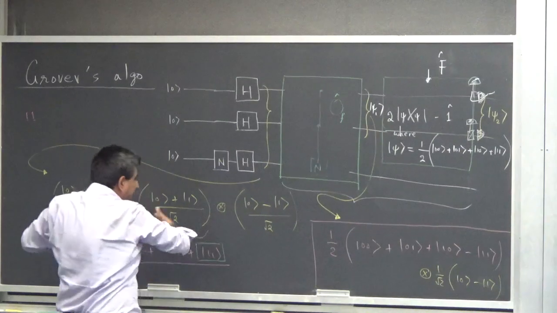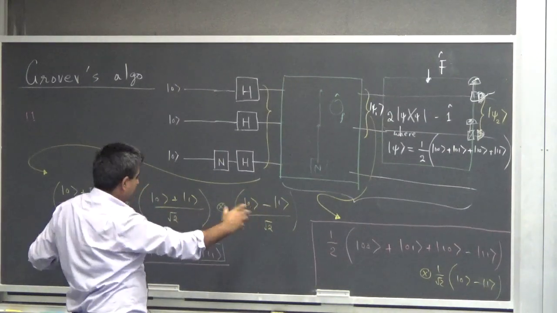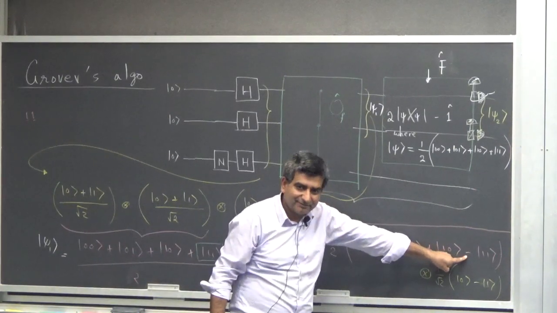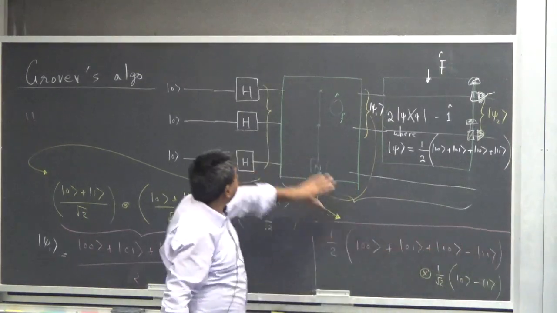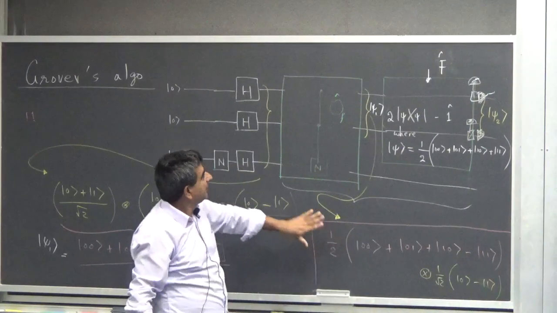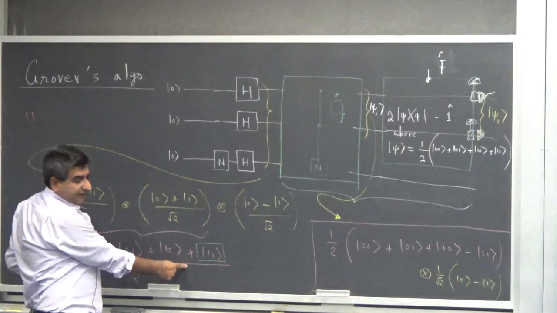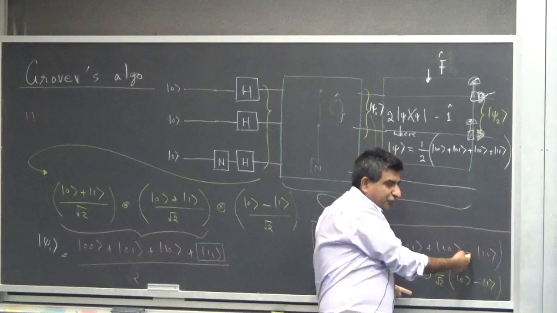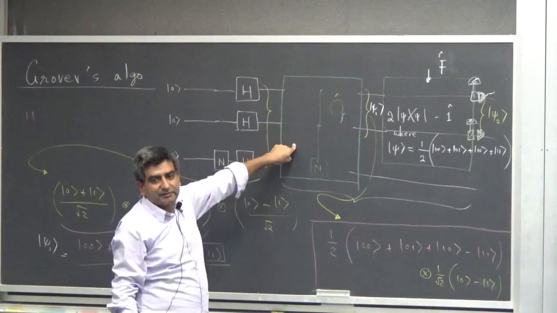If we were to expand out the 3-qubit state, eventually a negative sign will appear over here. Now, focusing on the first 2 qubits, from an equal superposition we started off with, somehow we've inverted the amplitude corresponding to the state that we're looking for. That's what this oracle is doing.